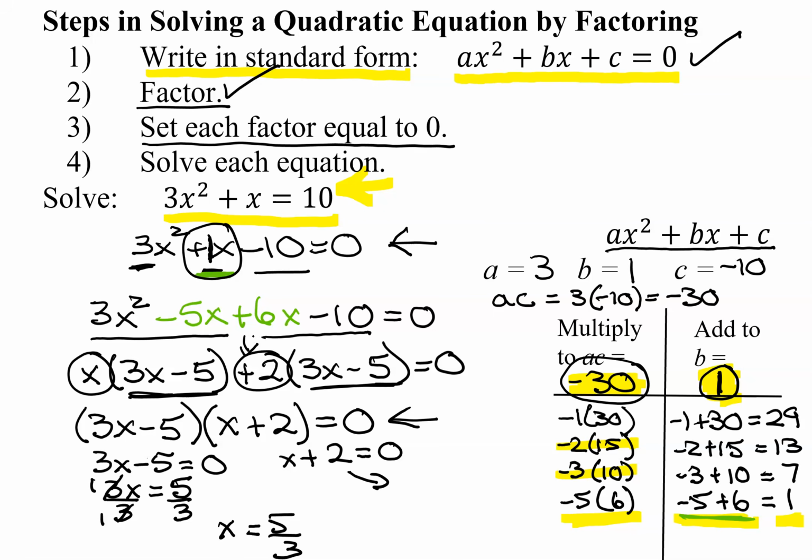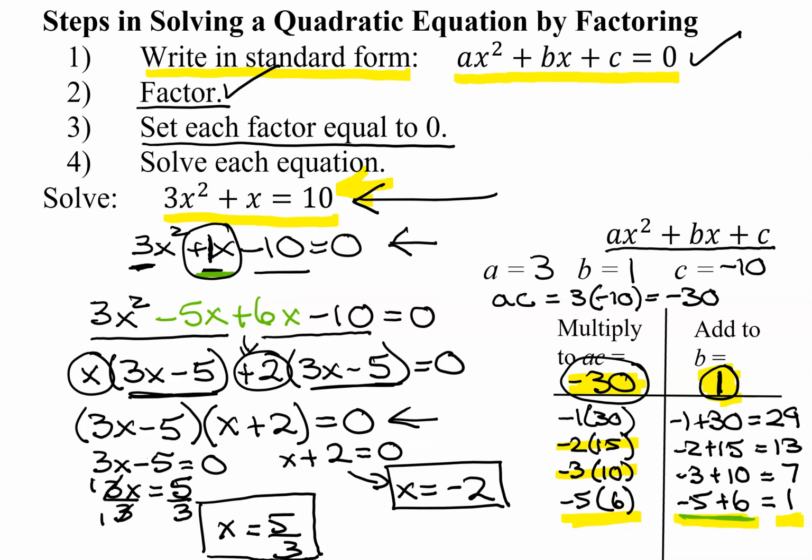And this one here, subtract 2 from both sides, I get x equals negative 2. So there are my solutions to this quadratic equation. And if you wanted to check it, you take each of them individually, plug it into the original equation to see if you get a true statement.